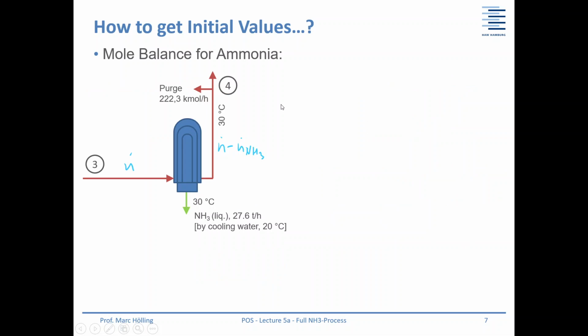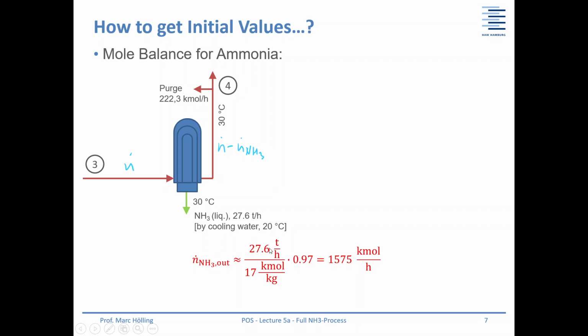Then the next thing is, if we look at our ammonia condenser, it's coming here from the reactor. After the heat exchangers, we have a mole flow n dot here. We are removing some ammonia here, and we know the mole flow of ammonia.